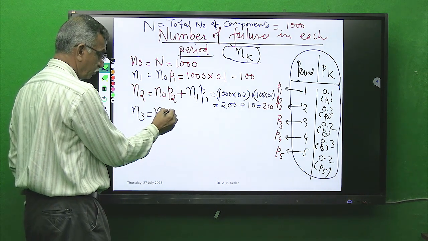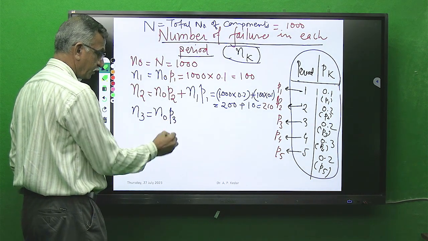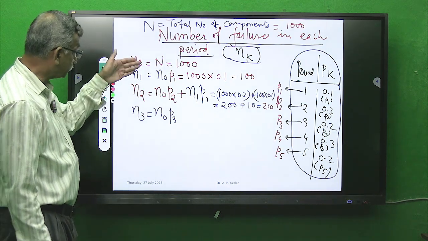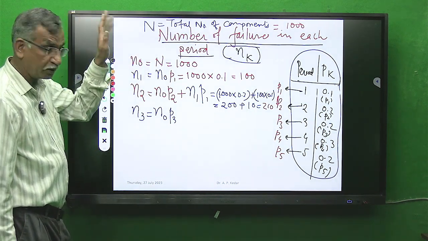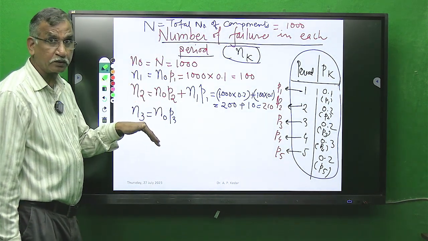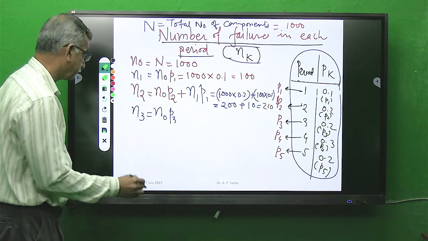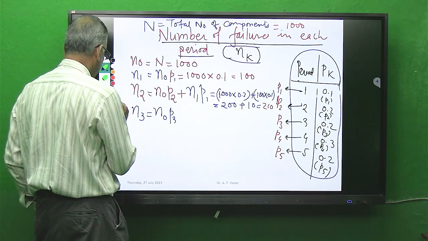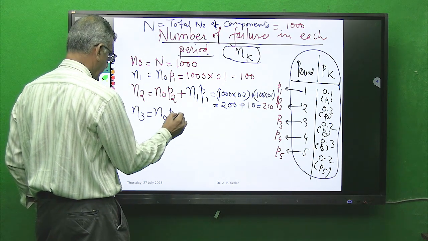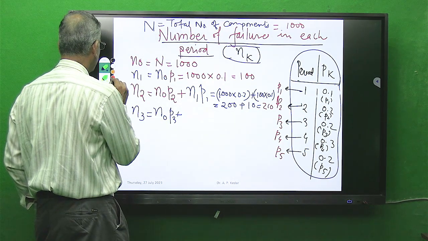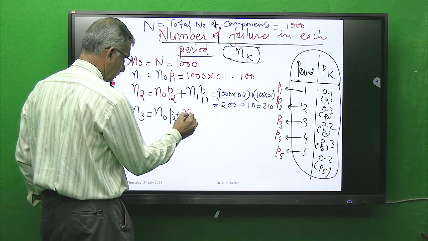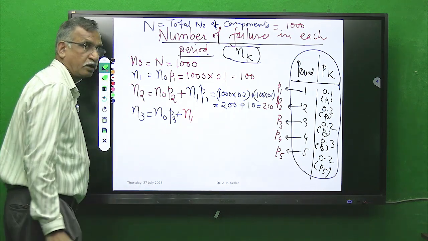For N0, the probability of failure is in the third period, third week. Some items will fail in the third week. Importantly, you have replaced N1 over here.